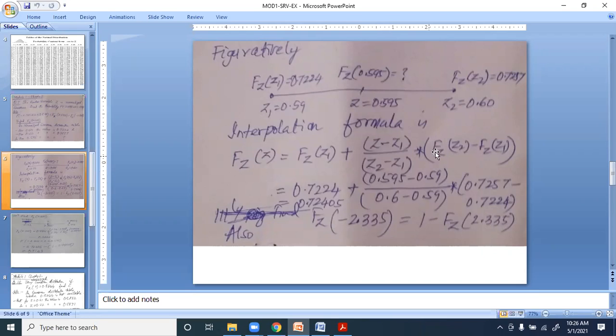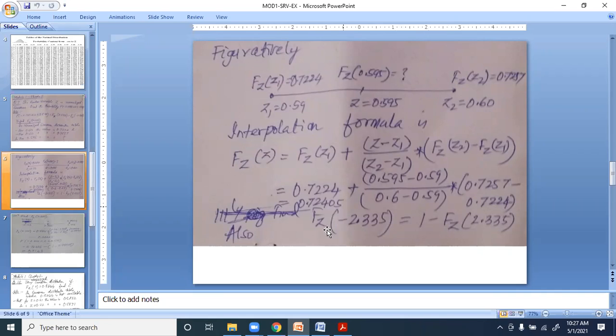What is the value of z2? It is this. And that is written over here. And what is the value of F_Z(z2)? It is this. What is the value of F_Z(z1)? It is this. And that is written over here. So after simplifying this equation, you're going to get 0.72405.